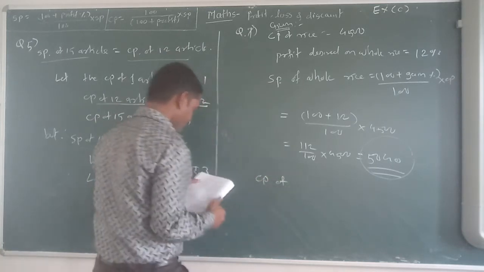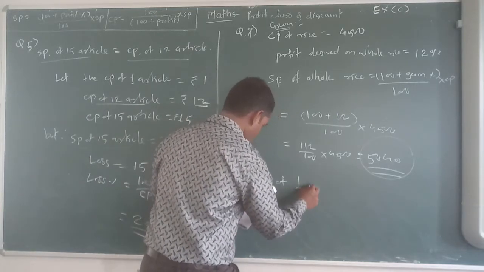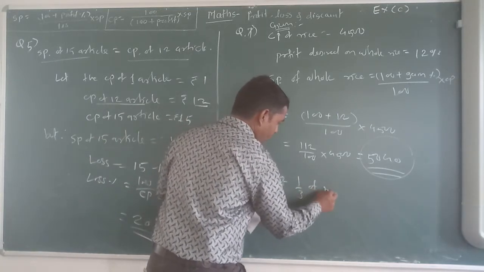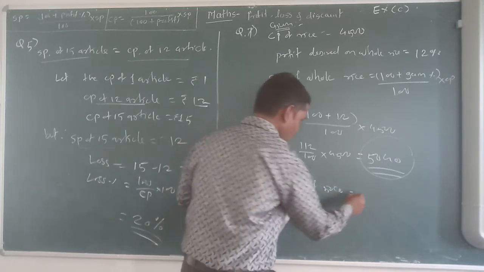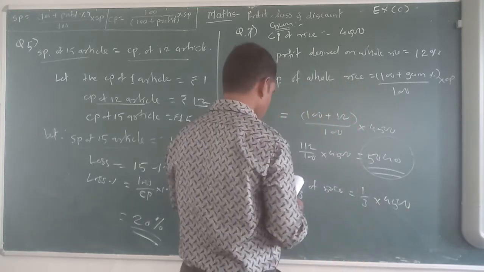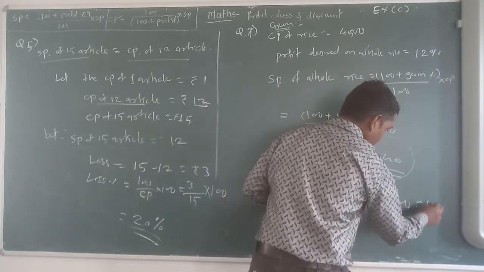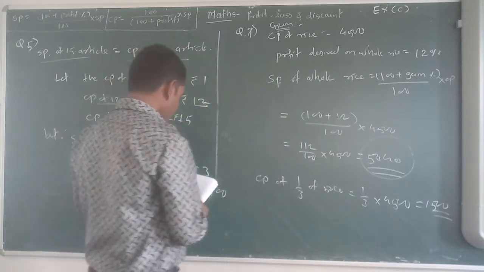CP of 1/3 rice. 1/3 of rice equal to 1/3 upon 4,500, and which will be the 1,500. कितना हो जाएगा वो? 1,500.